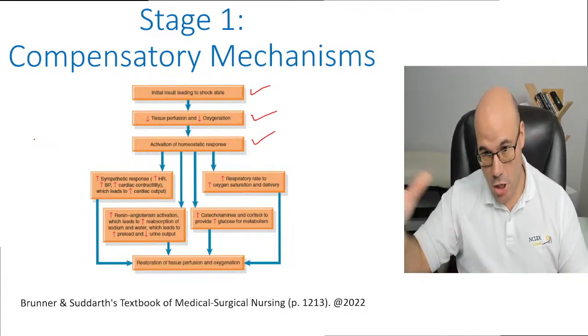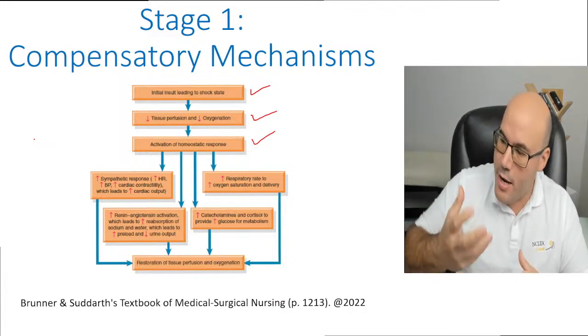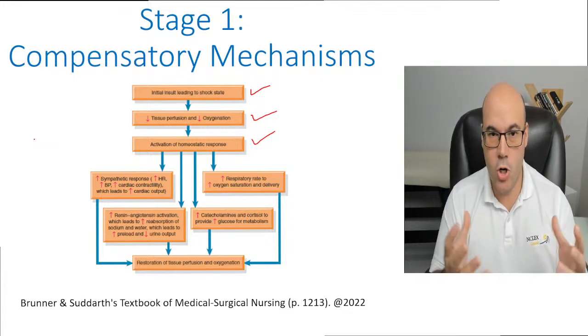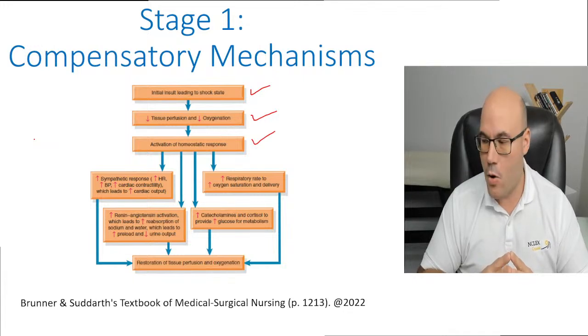And then, on the other hand, we also have an increase in catecholamines and cortisol, basically to provide an increase in glucose for metabolism. Remember, glucose is the energy. We need that glucose for adequate functioning.